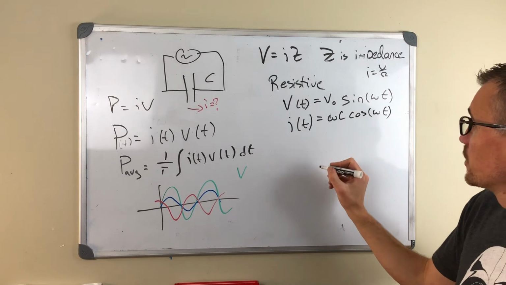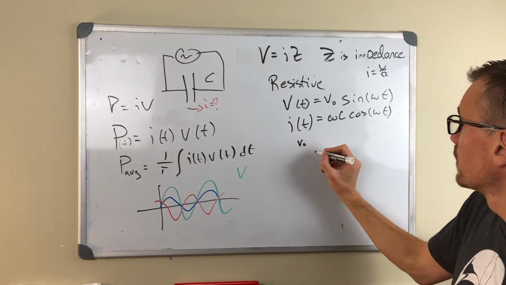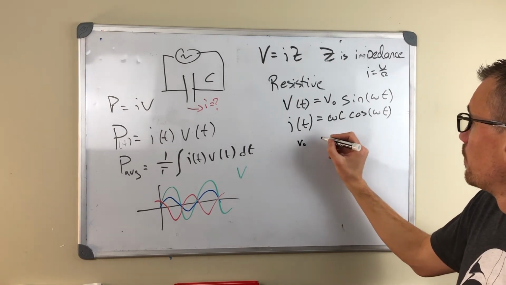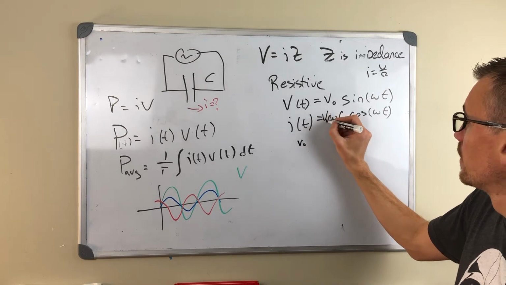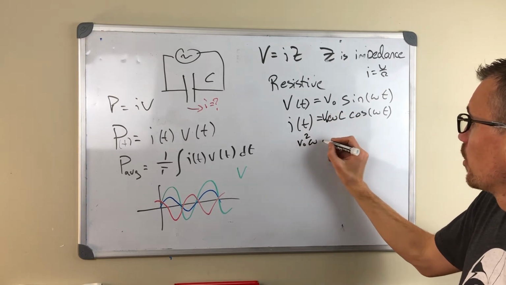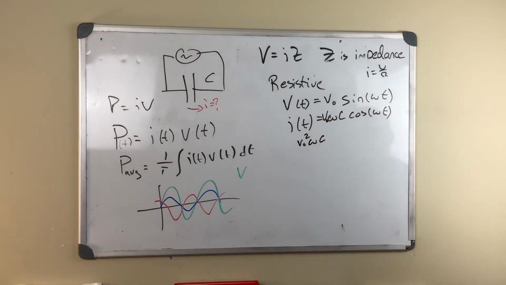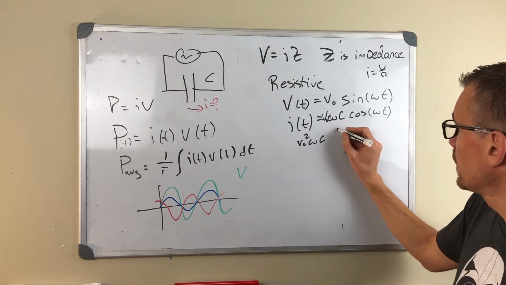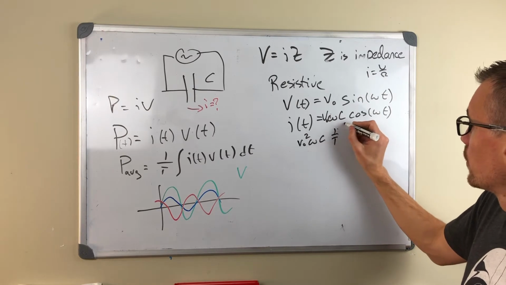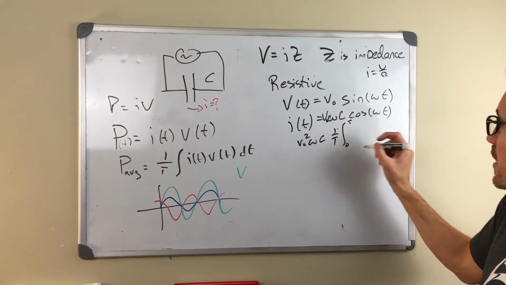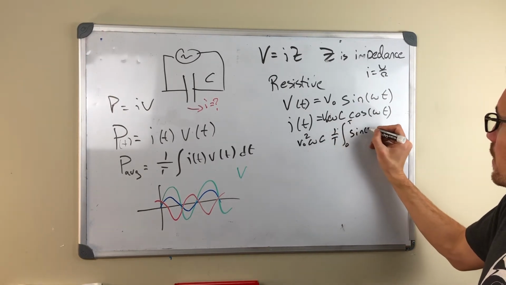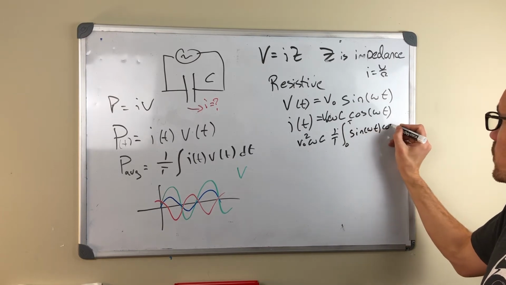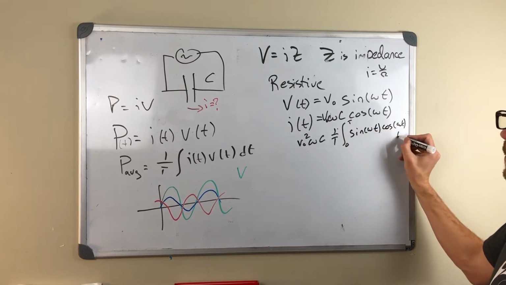We're just going to perform this integral now. So we get V naught squared omega C times the integral, 1 over T, of sine omega t times cosine omega t dt.